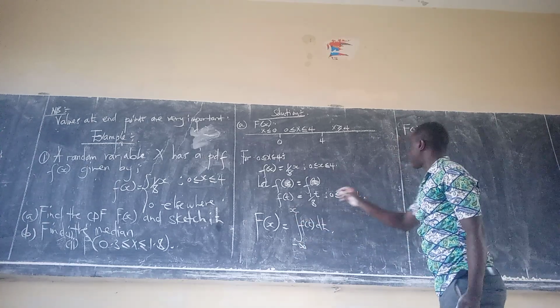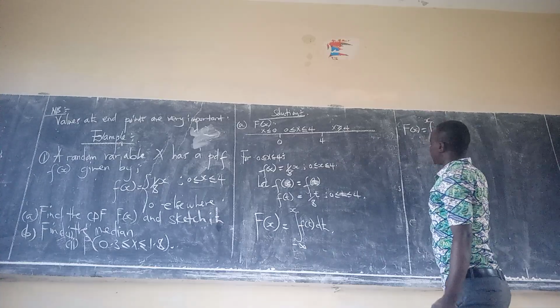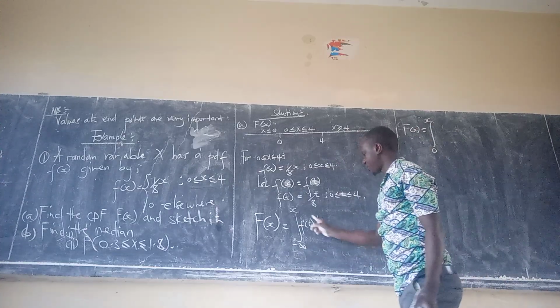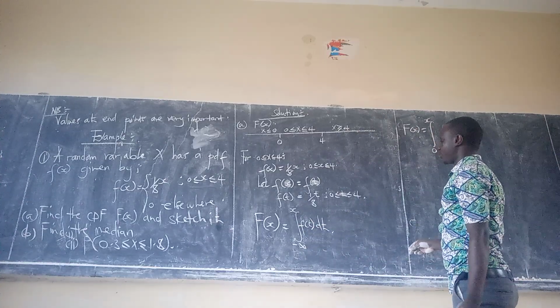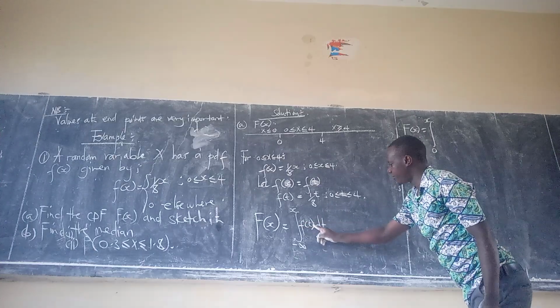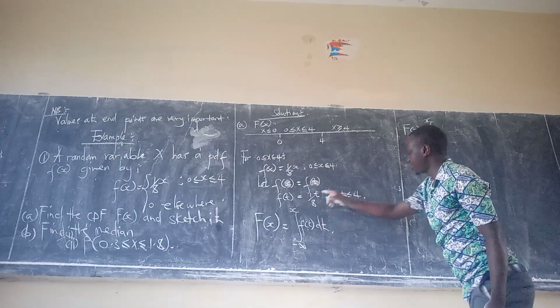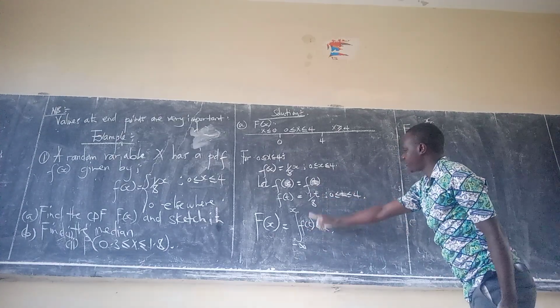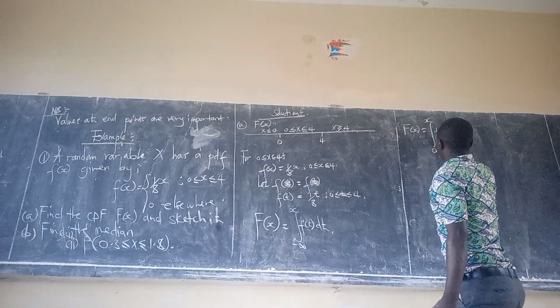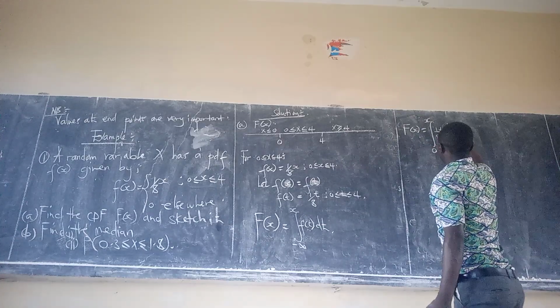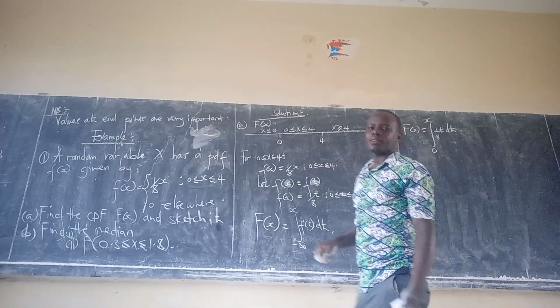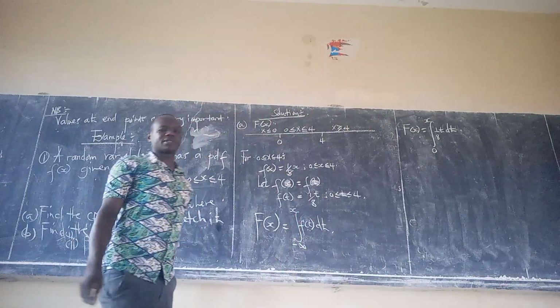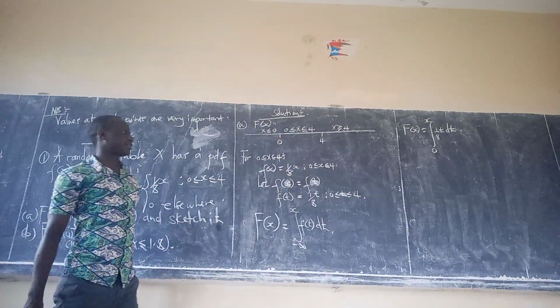Where there is x, you leave it there because you want it to be replaced after integration. Where there is f of t, you remove it and you put 1 over 8t dt. So that is going to give us our capital F of x.